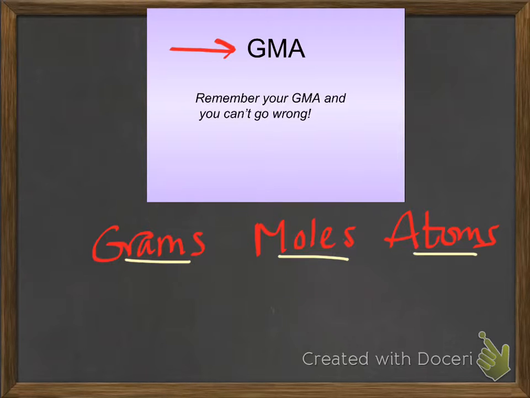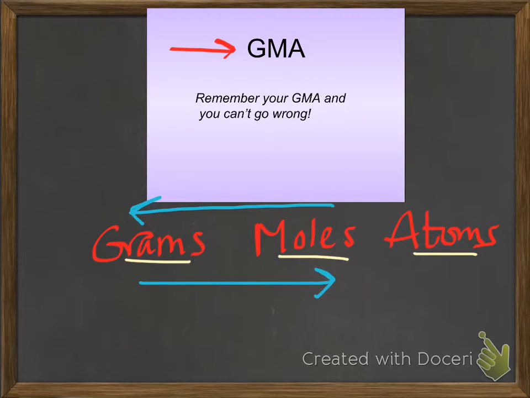So we're going to be converting back and forth between these 3 things. We're going to start off going from grams to moles and moles to grams. That's a 1-step conversion. And we know the relationship between grams and moles is given by the molar mass of a substance that you'll find on the periodic table.